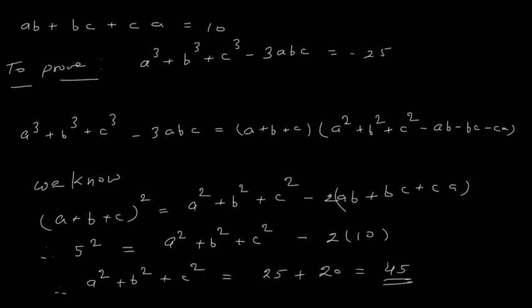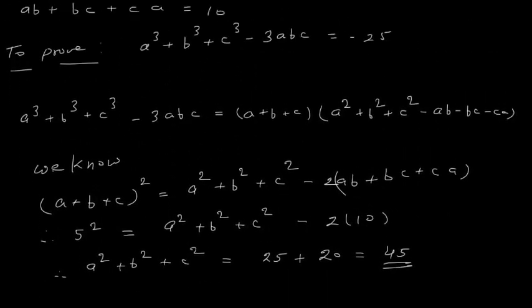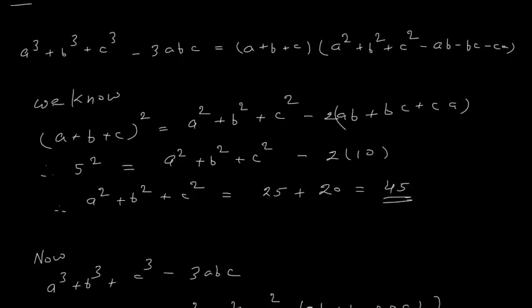Let us check again. (a plus b plus c) the whole square is a square plus b square plus c square, and this is not a minus sign, this is plus 2(ab plus bc plus ca). So it is plus 20. It will go to the other side and become minus 20.